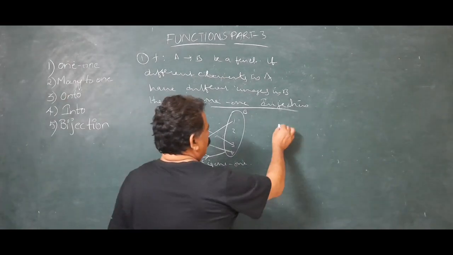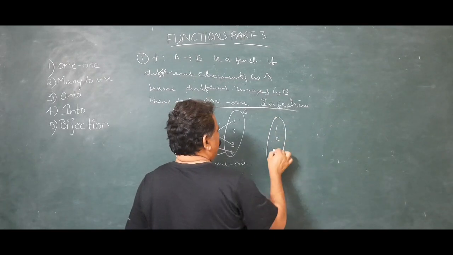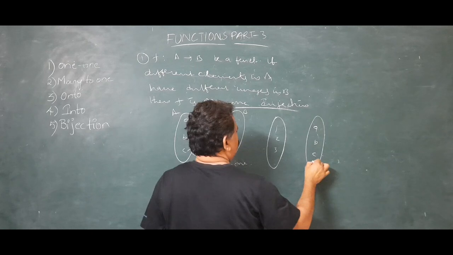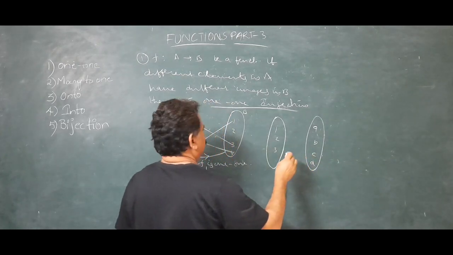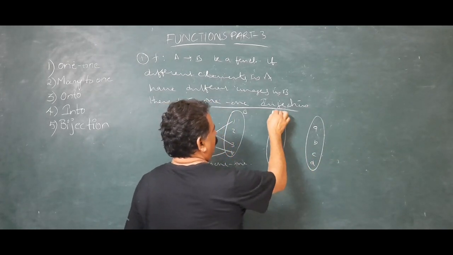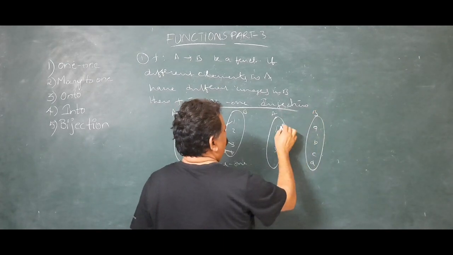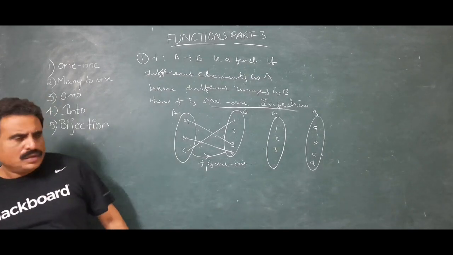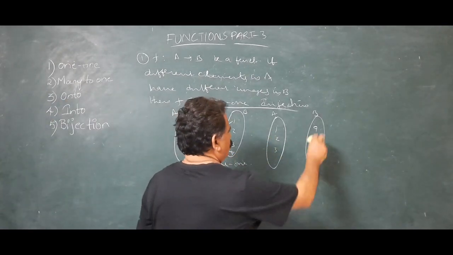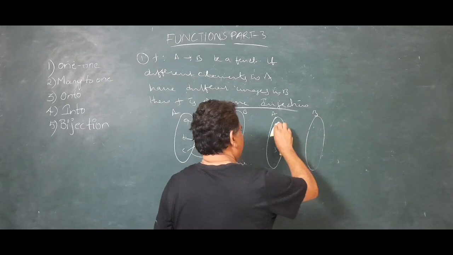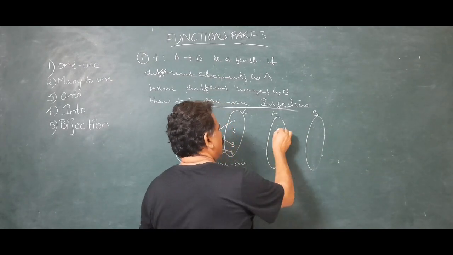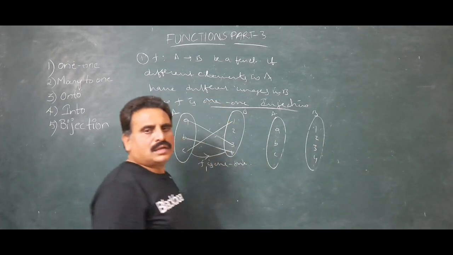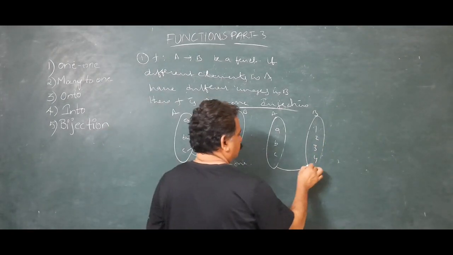Now for that, another example. A = {a, b, c}, B = {1, 2, 3, 4}. You can take that, or otherwise you can take the same sets, no problem. Now here f2 function.